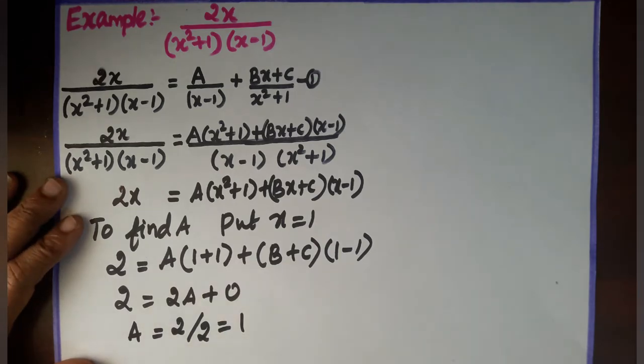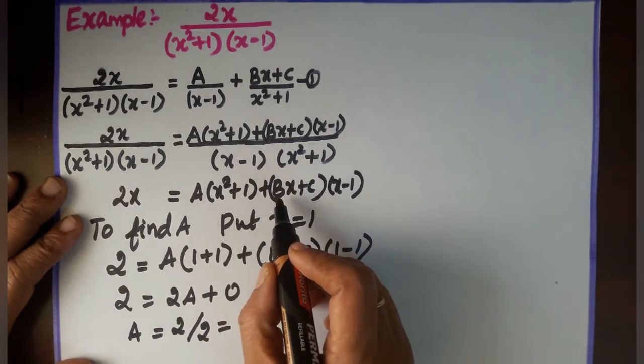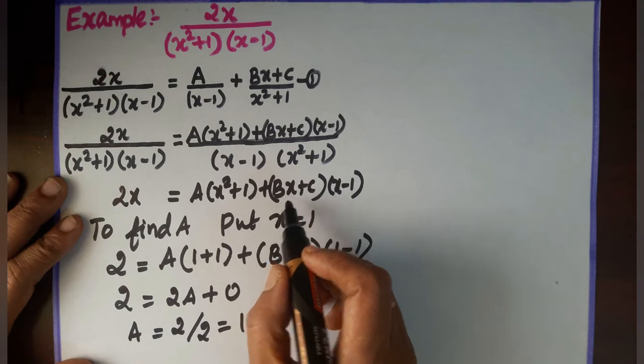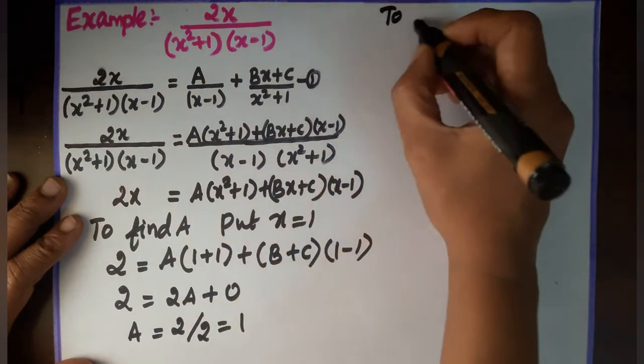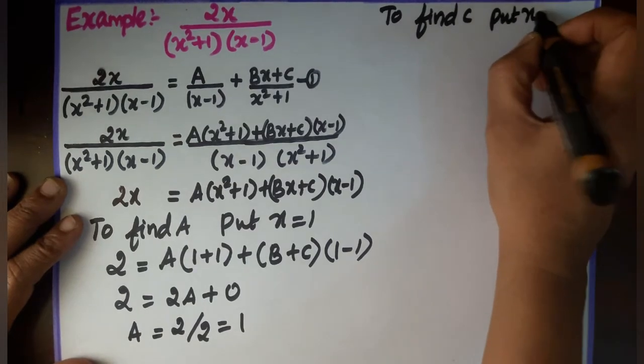Next I am going to find C. To find B, we need the value of C, so first I am going to find the value of C. To find C, I need to make B as 0. For that, I am going to select x value as 0. To find C, put x equal to 0.